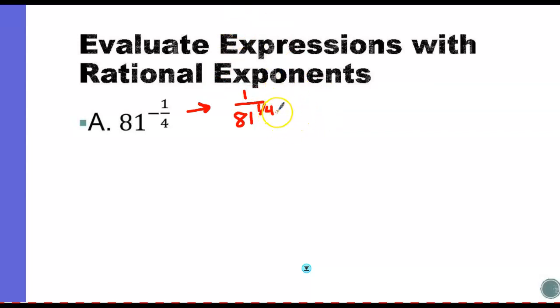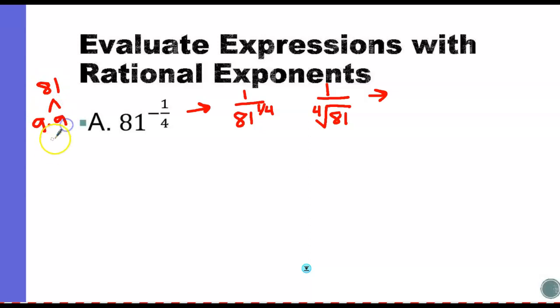So what I'm going to do from there is go ahead and evaluate this. So let's think about what this means. This really means 1 over the 4th root of 81. So I'm really having to consider what number times itself 4 times. I'm looking for a group of 4 to give me 81. So let's think about this.